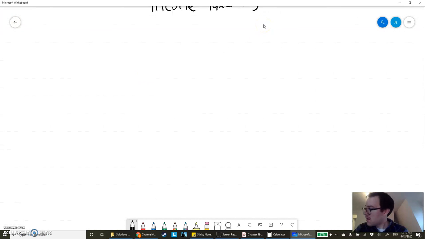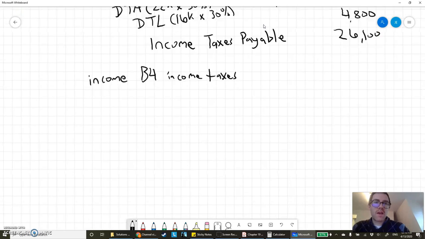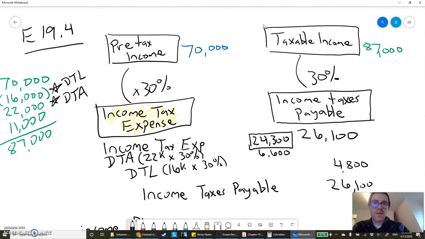That's pretty cool. So for part C, the income tax section of the income statement, you say income before income taxes. And so for that, you would look up here and say, okay, pre-tax income, $70,000.